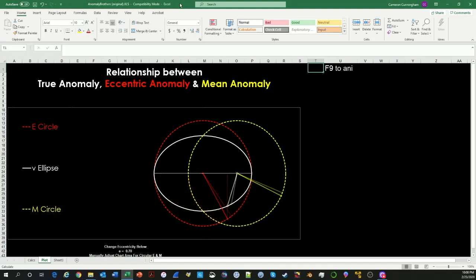And when we have plugged and chugged, that is going to give us 1.1735 radians. Okay, let's check ourselves again.